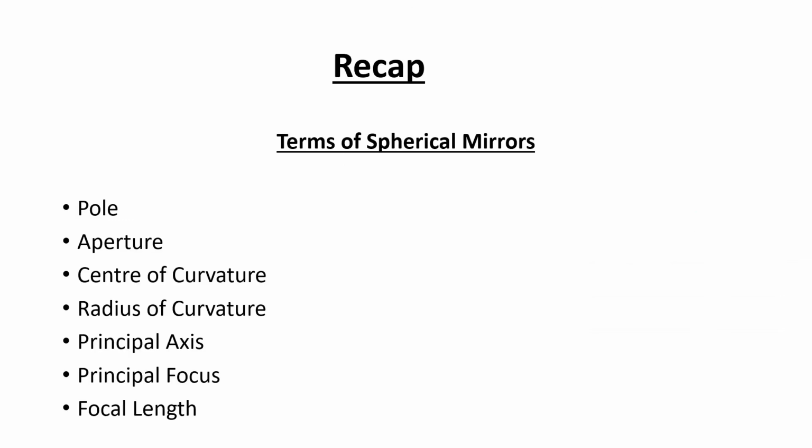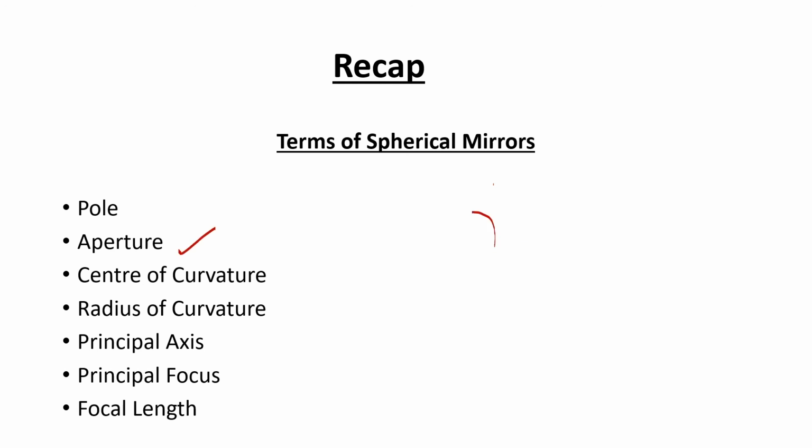The terms we learned in spherical mirrors are pole. What is pole? Suppose if this is a concave mirror, that midpoint or the center of that spherical surface is called pole. What is aperture?